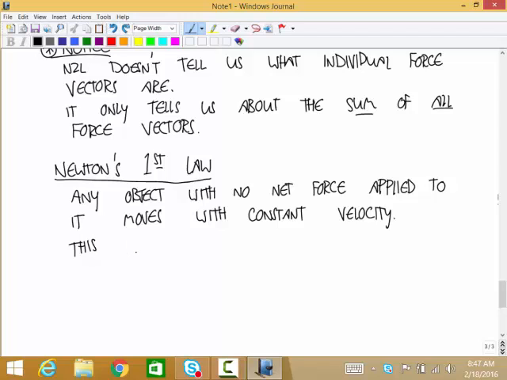This follows directly from Newton's second law, which says F net is equal to ma.